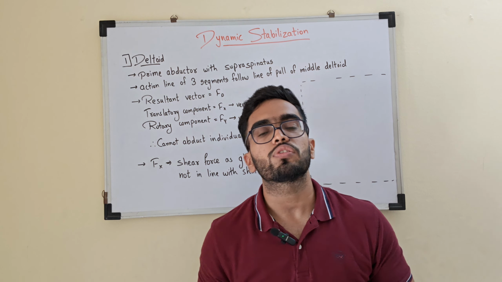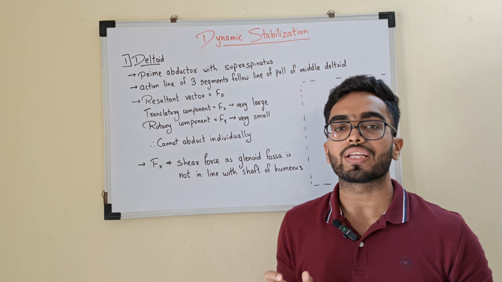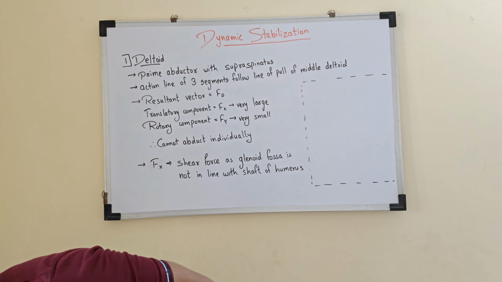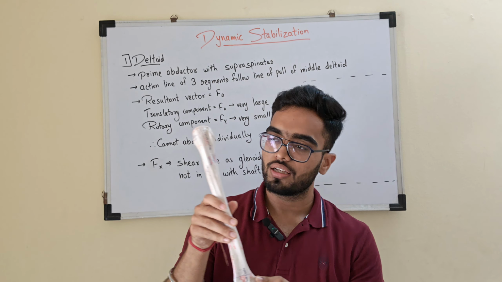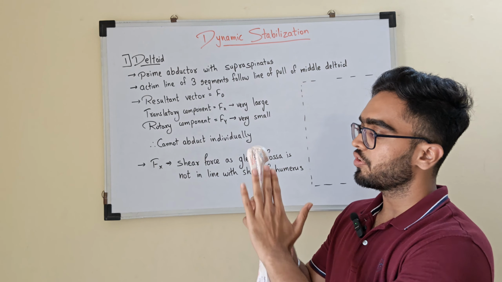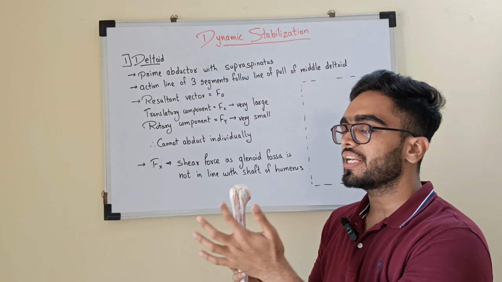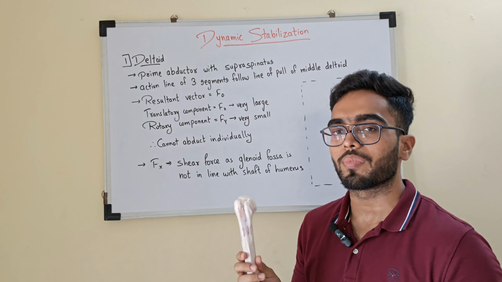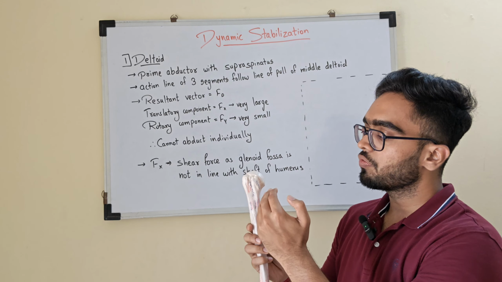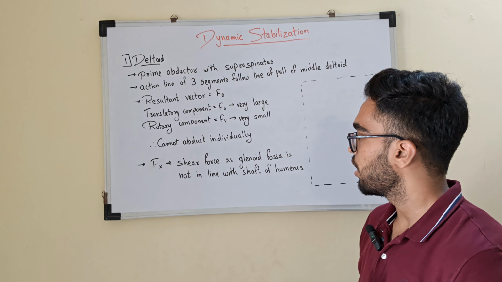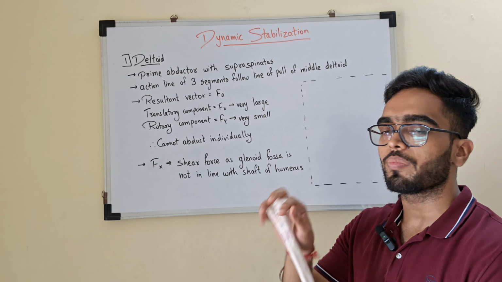Why does it produce a shear force? Because the head of humerus is not in line with the shaft of humerus. Okay, so here you can see the shaft of humerus, the head of humerus has an angle of inclination, so it is not in line with the shaft of humerus. Okay, therefore the force creates a shear force with the shaft on the head of humerus.